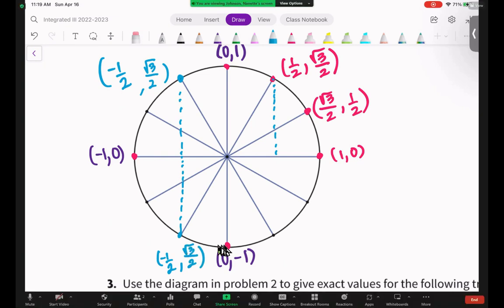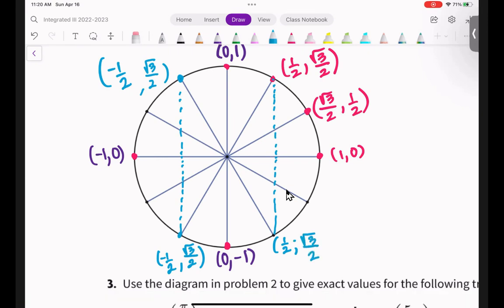So the next one looks like it's this one. Now you have so much information, you could do a reflection this way, or you can do a reflection this way. It doesn't really matter. So I went to the right 1/2. That makes sense. But I didn't go up √3/2, I went down. So that means I need a negative right there.